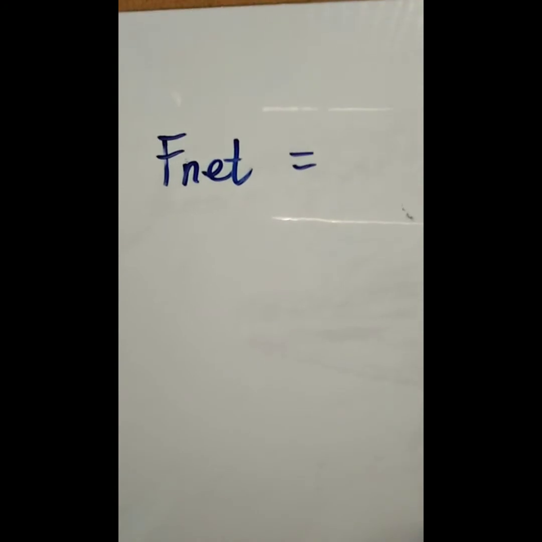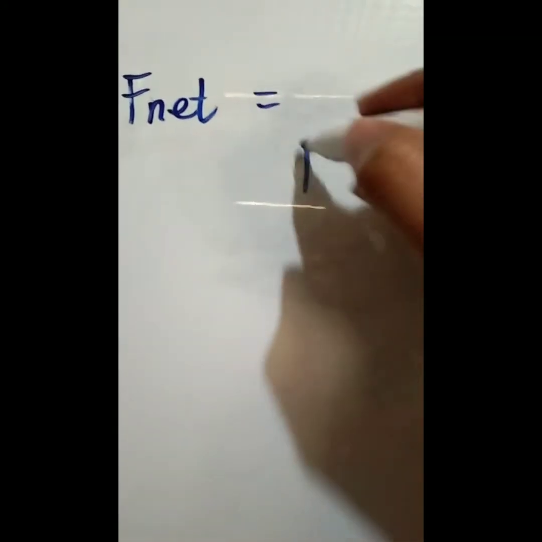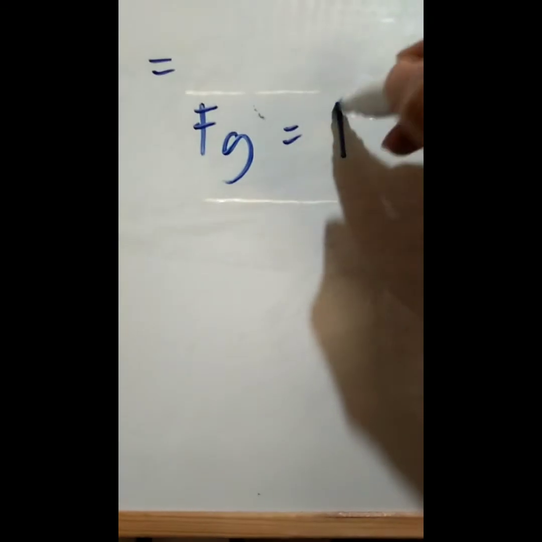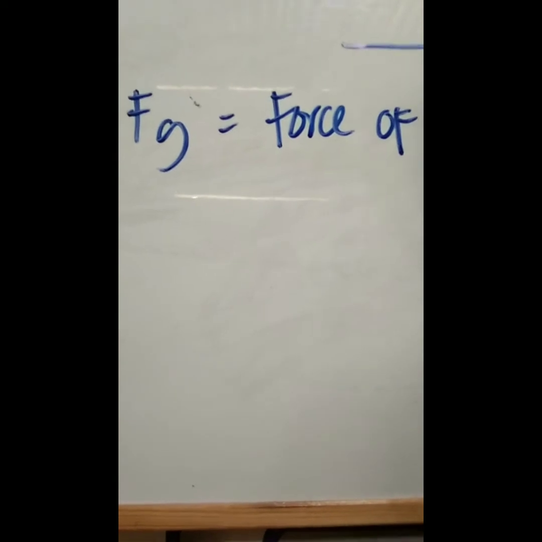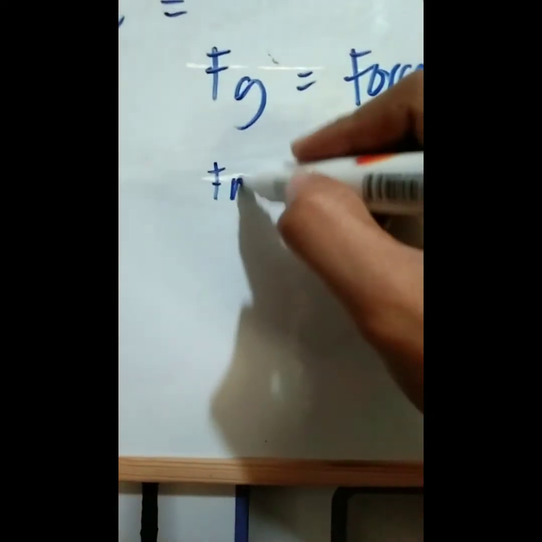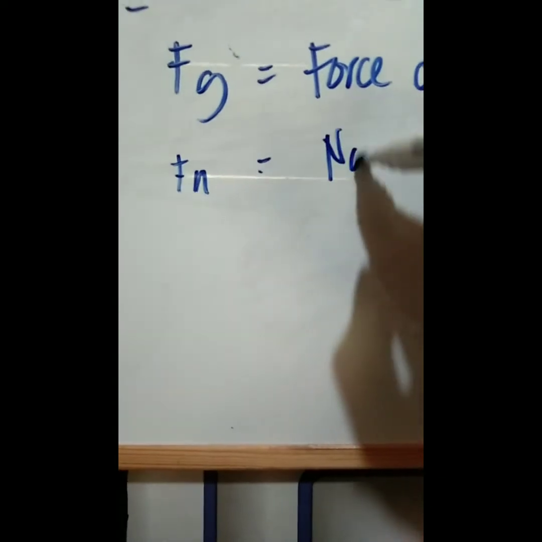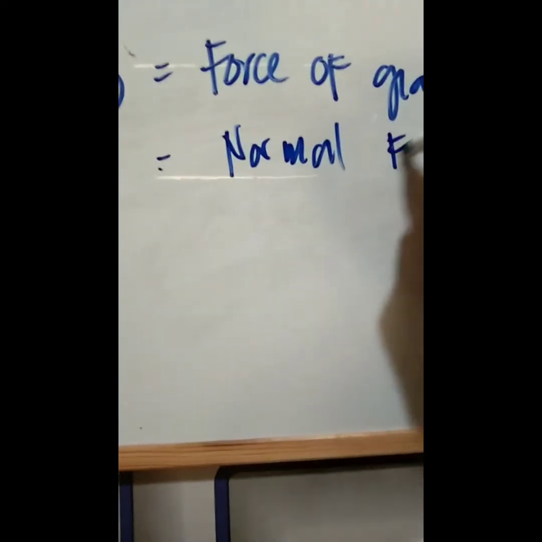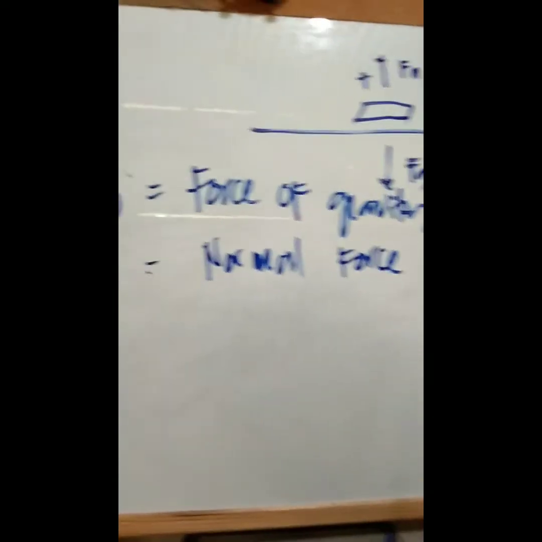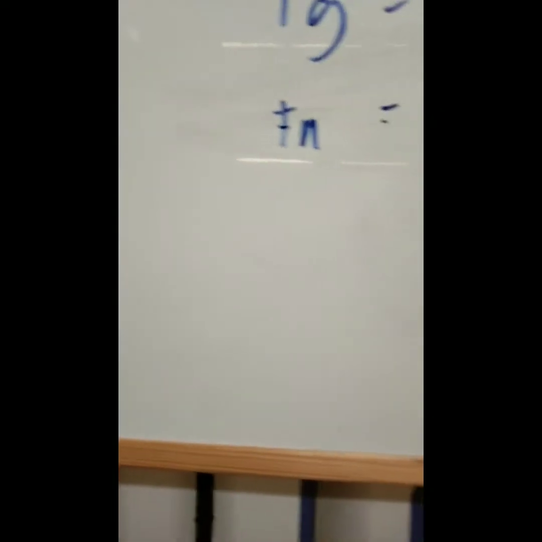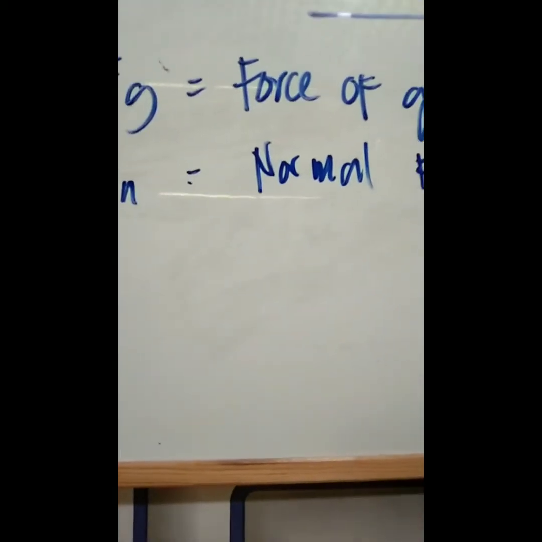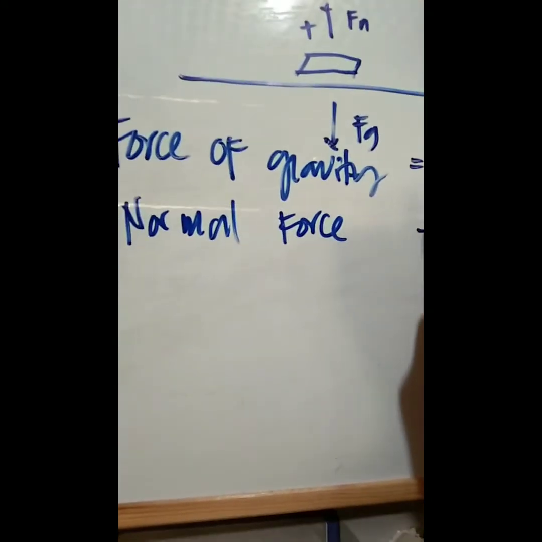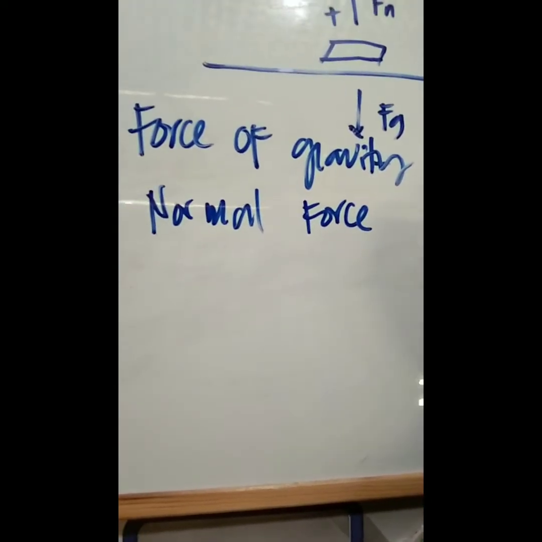So for example, let us calculate the net force, and then the Fg is the force of gravity, and then the Fn, this is the normal force. Given the force of gravity is equal to 3, and the normal force is also 3.